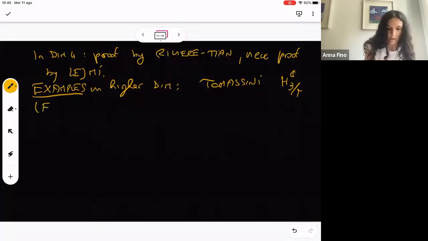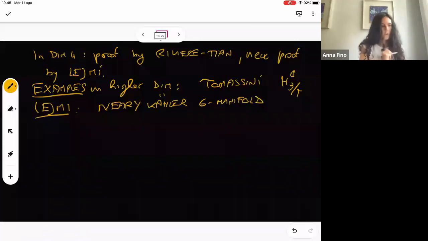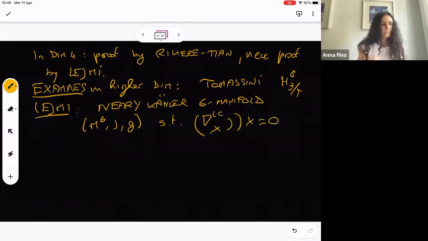And then there is this nice paper by Lamy, that's nice because he showed that in fact, if you take a special almost complex structure, the one associated to a nearly Kähler 6-manifold, so you have an almost Hermitian structure, a J almost complex, g a compatible metric, characterized by the condition that the Levi-Civita derivative nabla_X J (X) is 0.